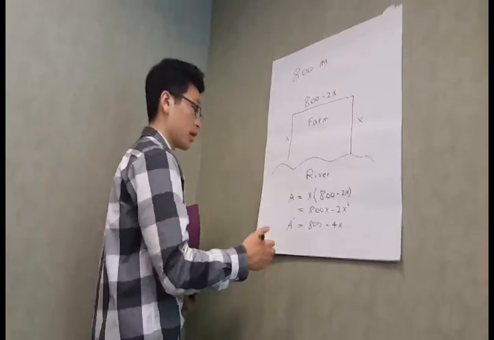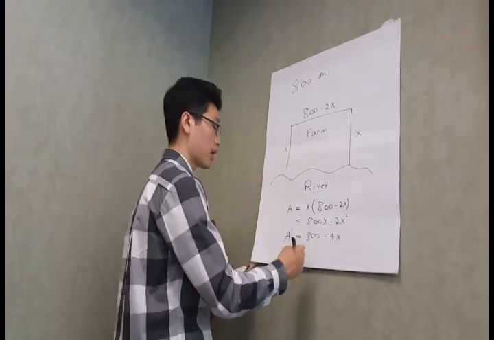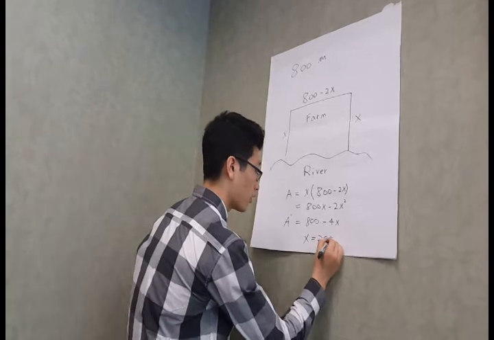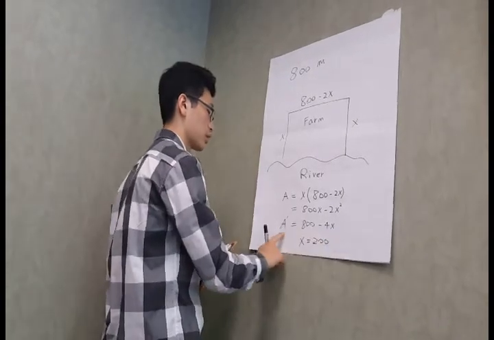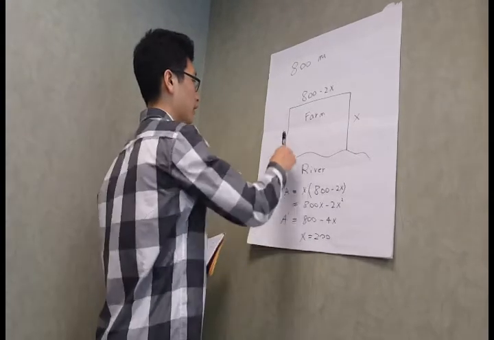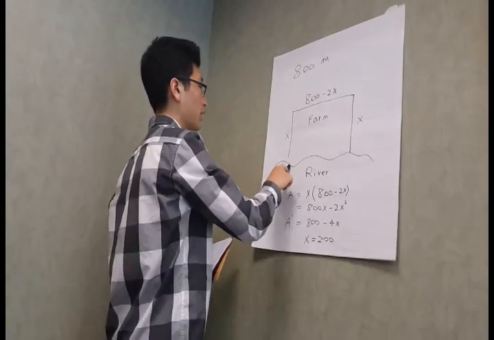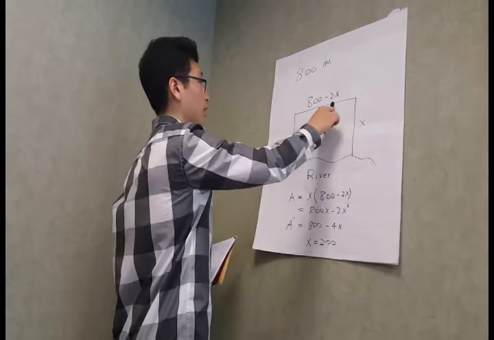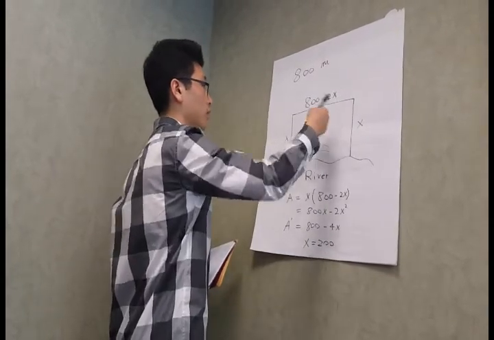Okay, and from this problem, we found that x has to be equal to 200 for this expression to equal 0. So, with that knowledge, we found out that the width has to be x, or 200, and the length has to be 400.